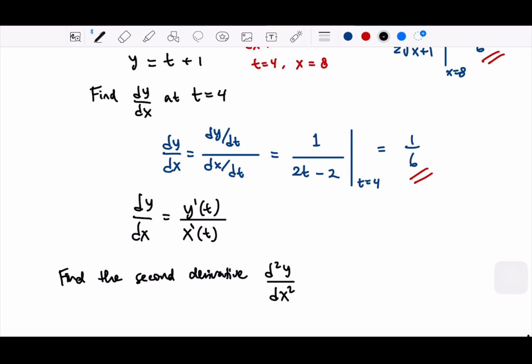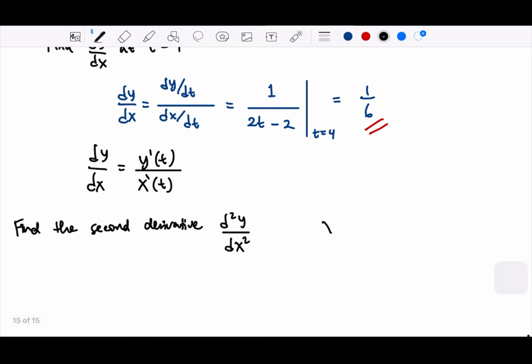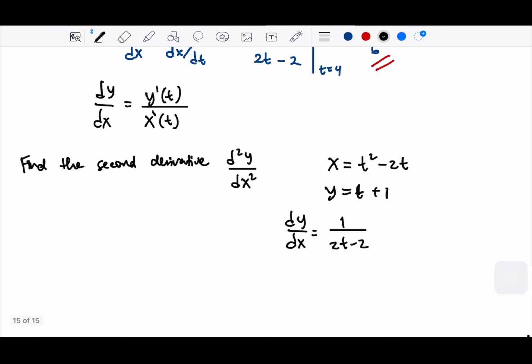Now, if you're not careful, let's say we have x, the same question, okay? It's the same question. And we know that dy over dx from our calculation is 1 over 6, or 1 over, I'll just write the equations first, okay? And then if you're not careful, you will write this, okay?